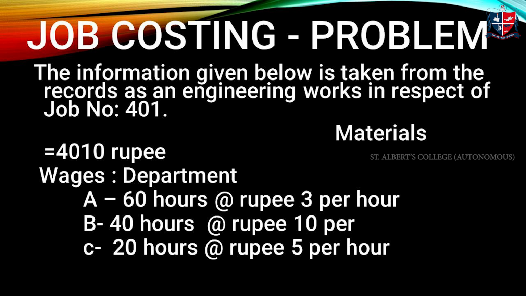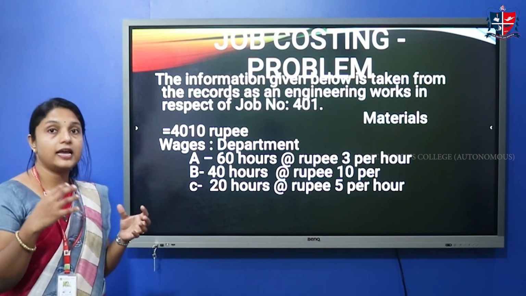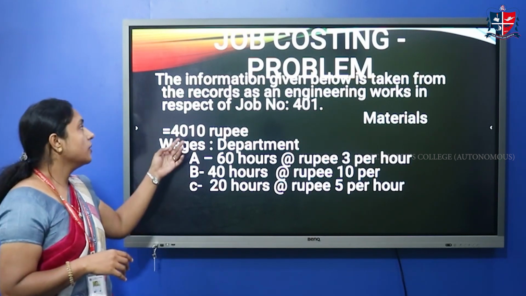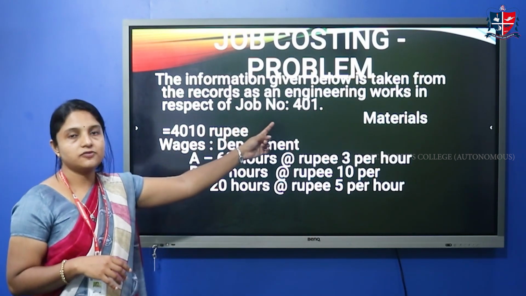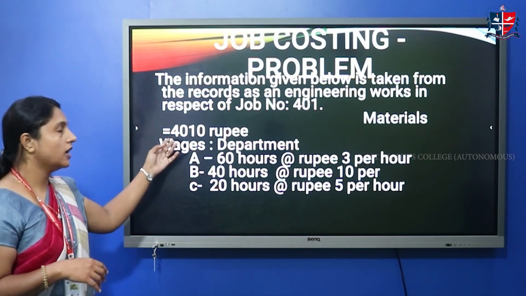Next one is a problem related to job costing. I will read the problem, listen carefully. The information given below is taken from the records of an engineering works in respect of job number 401. We already said that each job is allocated a certain number, so in this problem the job number is 401. The direct material is rupees 4,010.